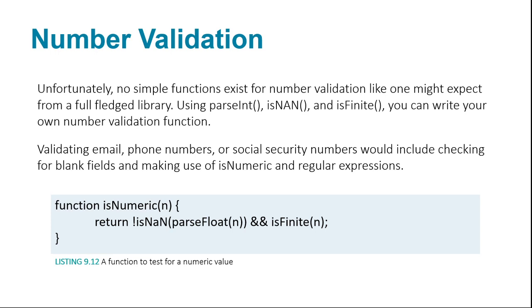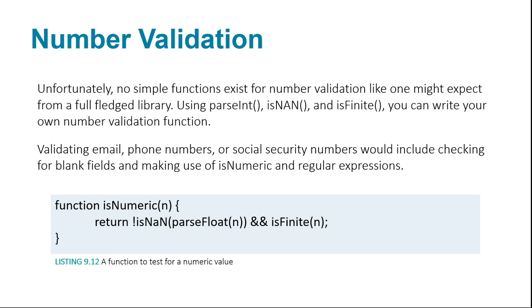So the first thing you have to do is check if it is a number. The way you do that is by using a combination of parseInt, which means take this string and act like it's an integer, which is a number. Integers can't be negative, I believe. It's been a long time since math.